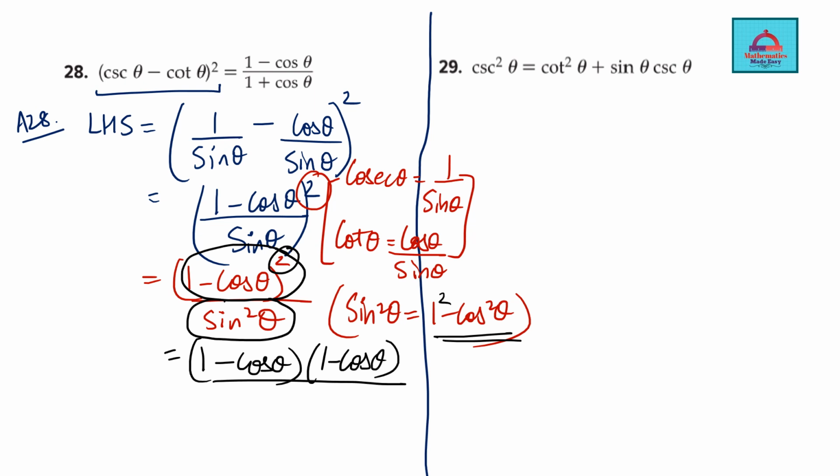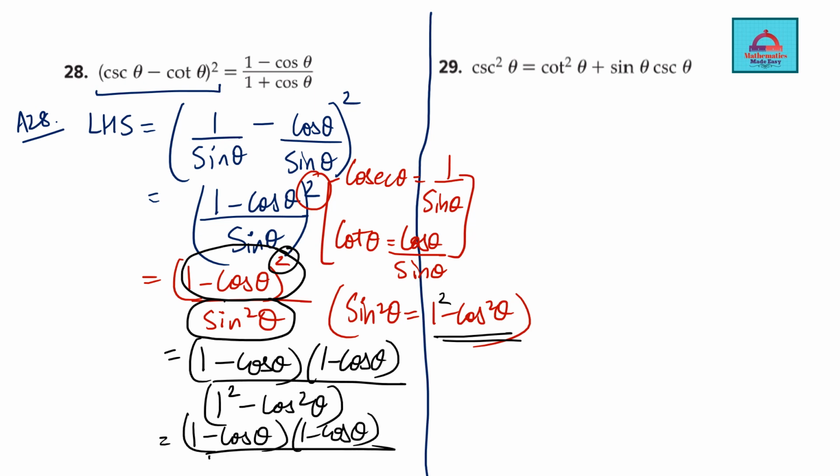So can I directly apply the difference of squares? And why am I doing that? Because it will lead to some cancellations and it will lead us to the correct answer. So in the denominator, 1 is negative and 1 is positive. By now you know which identity I applied: a square minus b square is a plus b, a minus b.